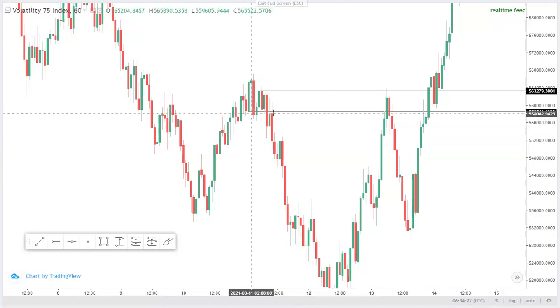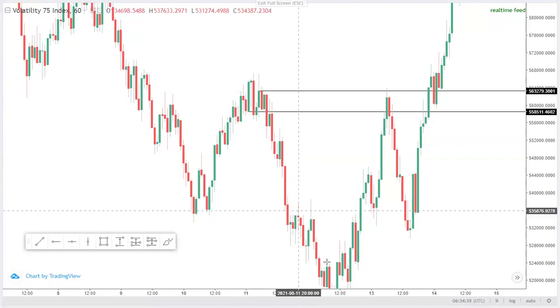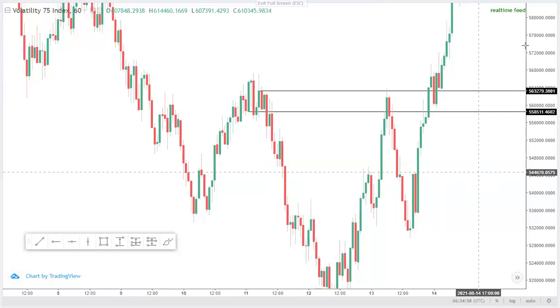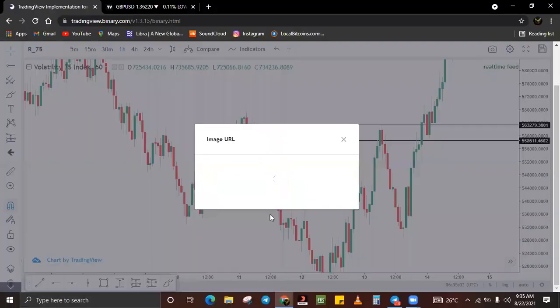After price broke this structure, price created a reversal, and after the reversal, price made a downtrend. After creating a downtrend, price came back and retested our new invalidation point, our new invalidation, whereby our entry is right here. Our entry is right there. Let me save this screenshot.